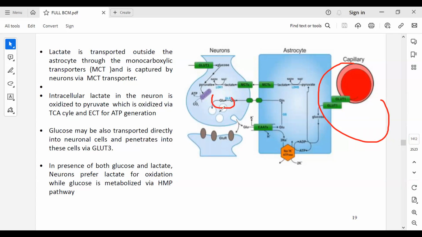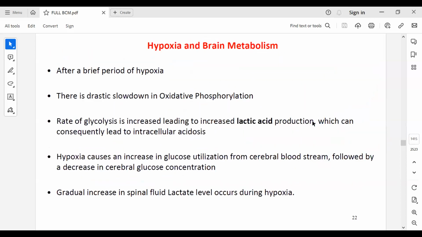And then this recycling of the glutamate here, and remember glutamine to glutamate again is an ATP requiring process. So again, glycolysis will occur here. So this is a cycle. And that's all about your brain tissue.